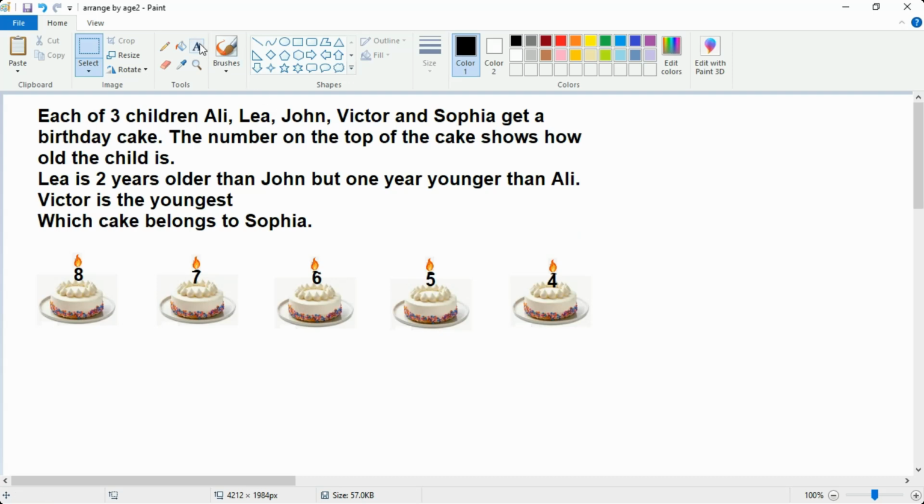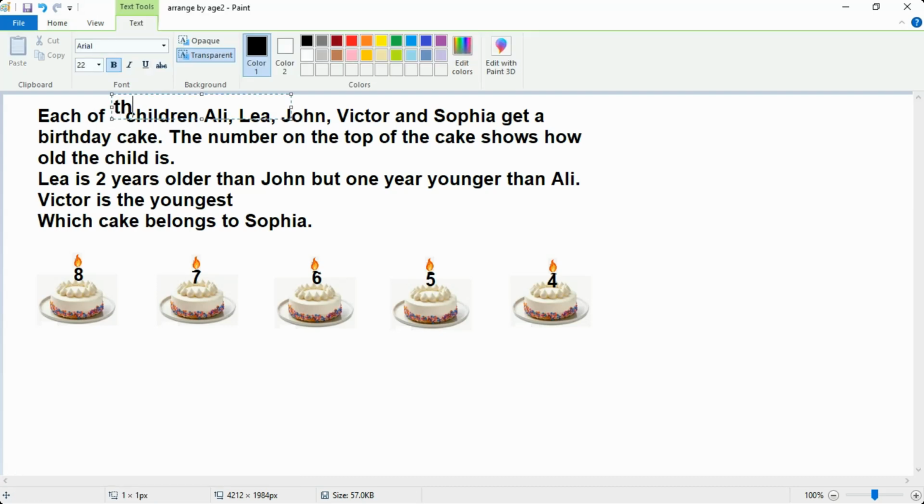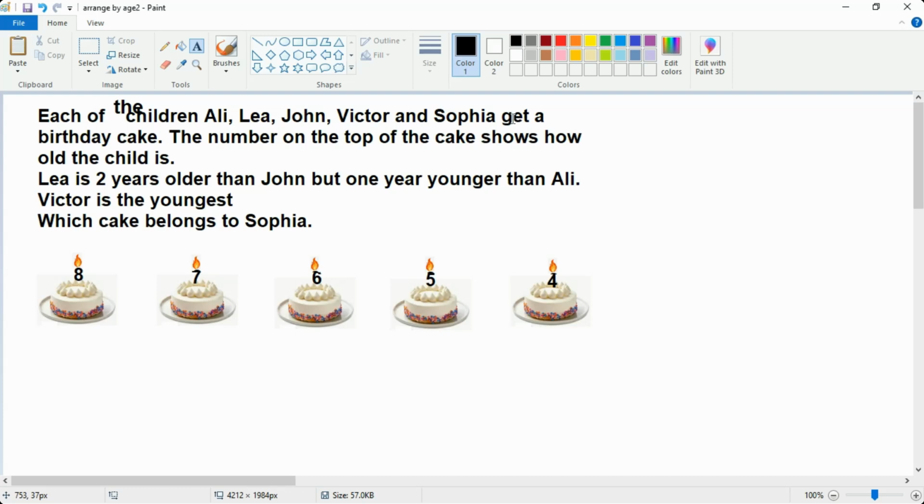I think there's some typo here. So I think there are five people. So let's say each of the children, Ali, Leah, John, Victor, and Sophia get a birthday cake. The number on the top of the cake shows how old the child is.